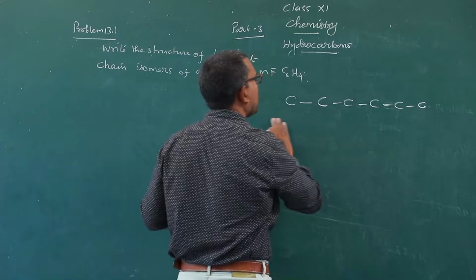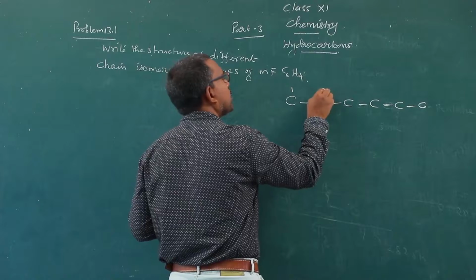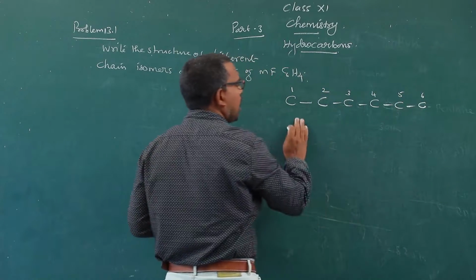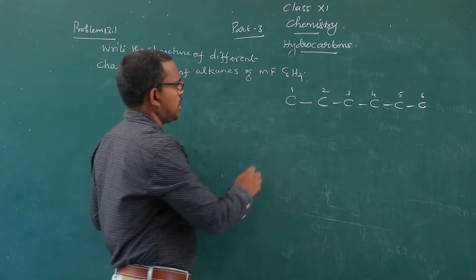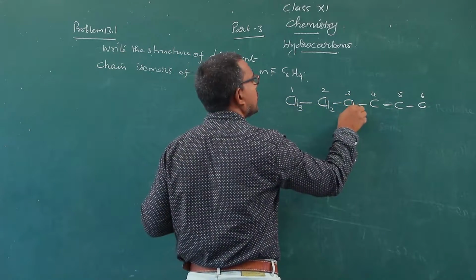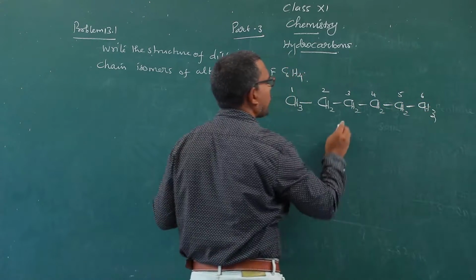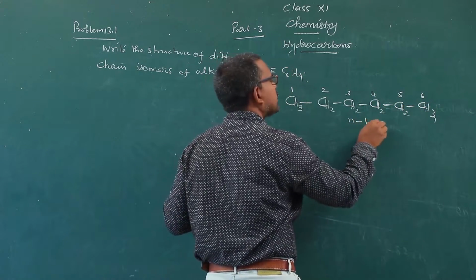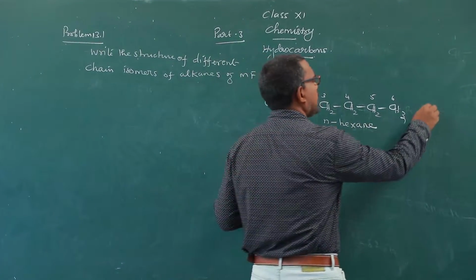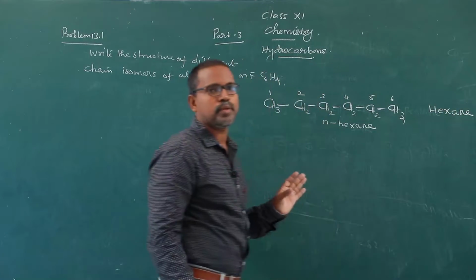First put 6 carbon atoms, numbered 1, 2, 3, 4, 5, 6, and now substitute the hydrogen atoms. The first isomer is CH3, CH2, CH2, CH2, CH2, CH3. This is normal hexane, and the IUPAC name is also hexane. So one compound is over.